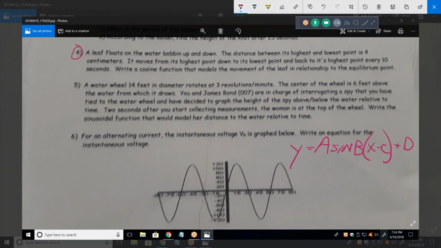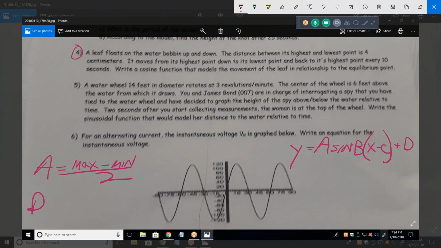Okay? Now, A is the distance from the max, let me think for a second, minus the min all over 2.